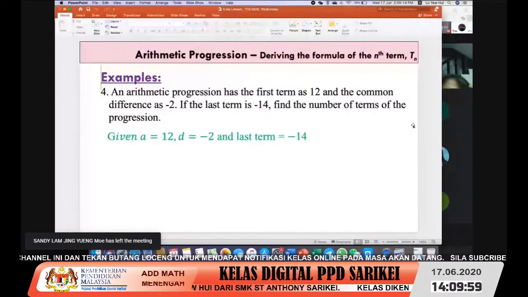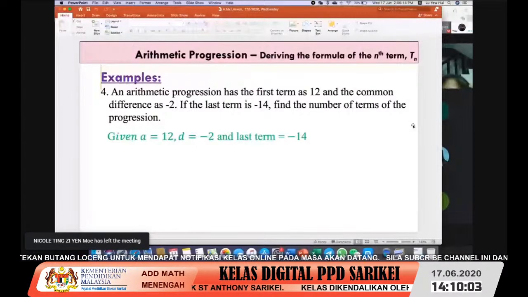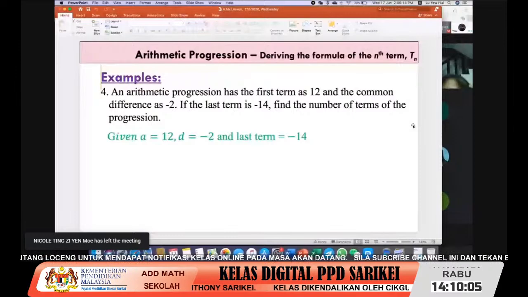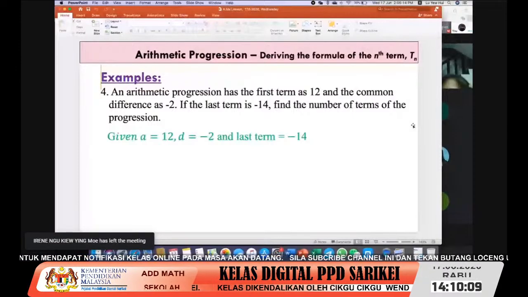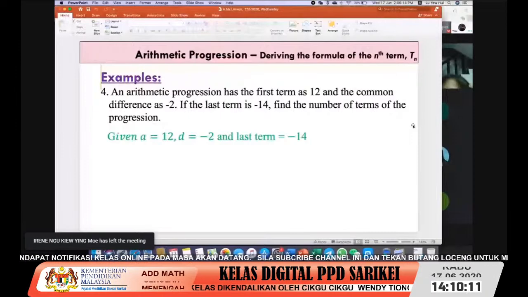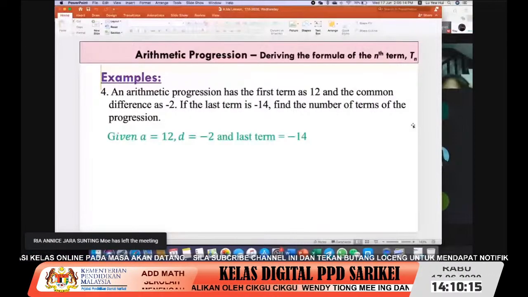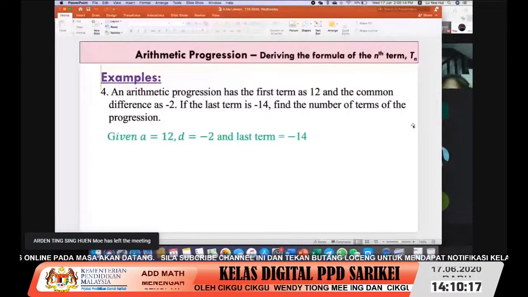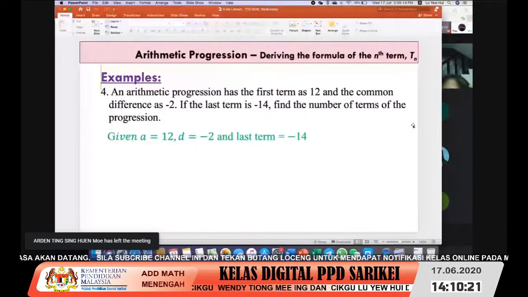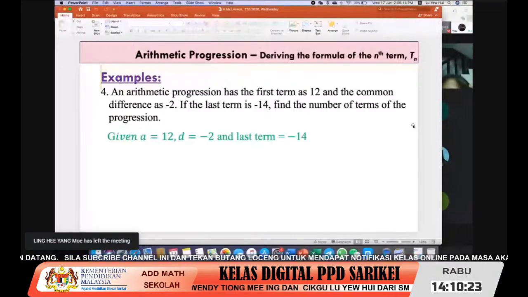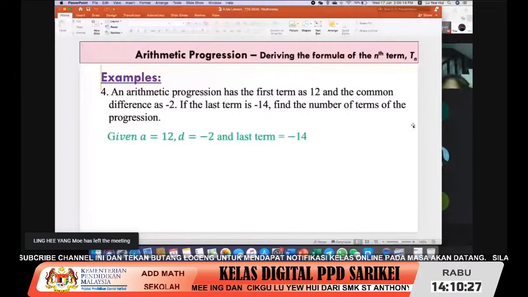Negative 14, last term, or it can be represented by Tn. So I try to translate, menerjemahkan. Okay, translate dalam bentuk simbol dulu.